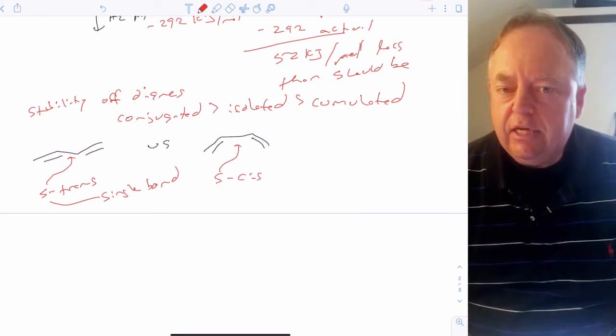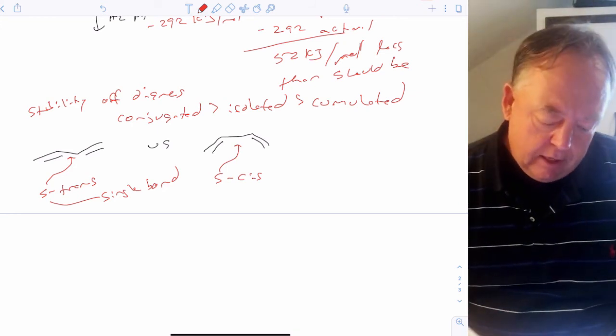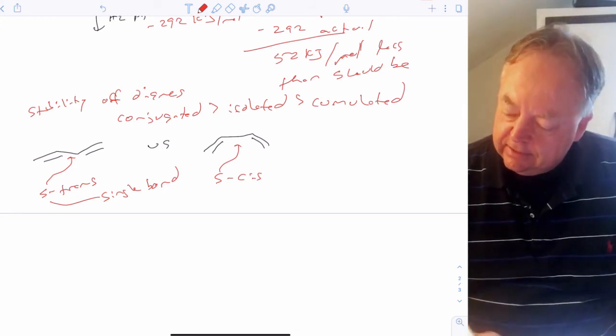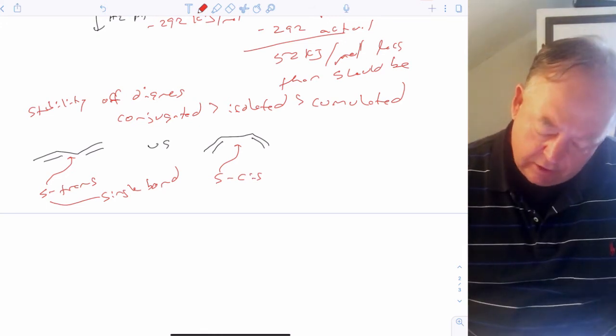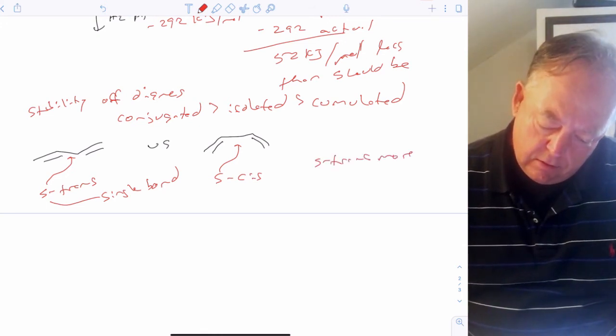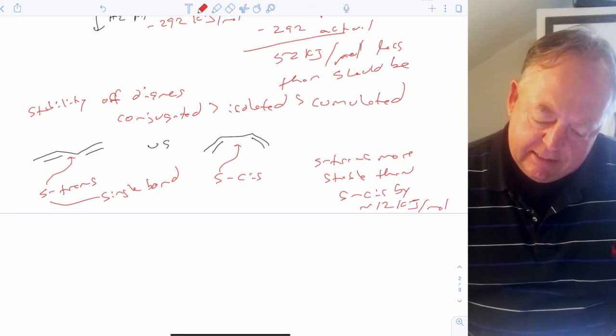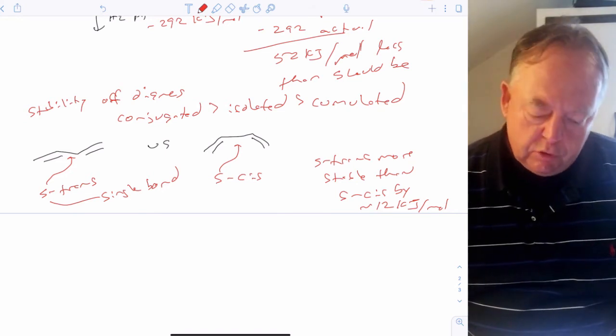So these are both conjugated double bonds. But one of them is more stable than the other, and the one that is more stable is the S trans isomer, sorry. It's more stable than the S cis isomer by about 12 kilojoules per mole.